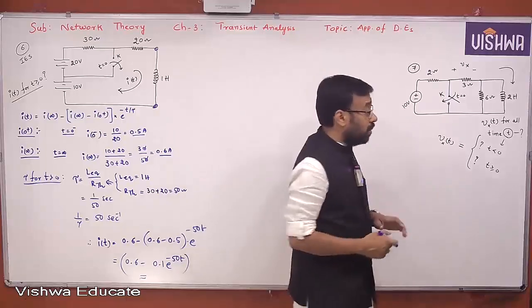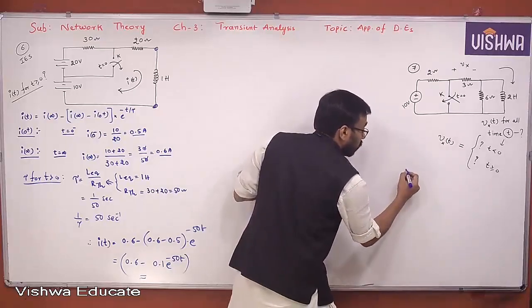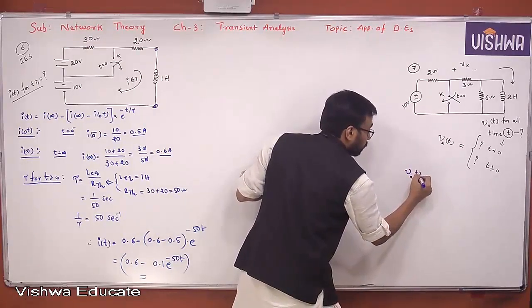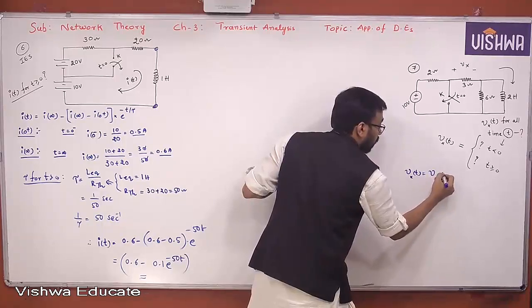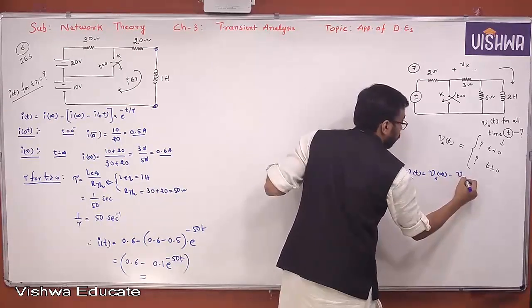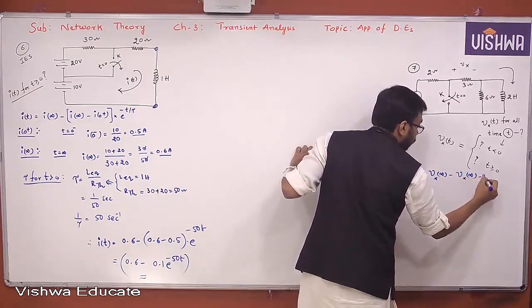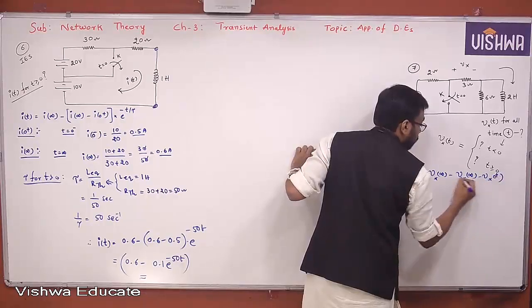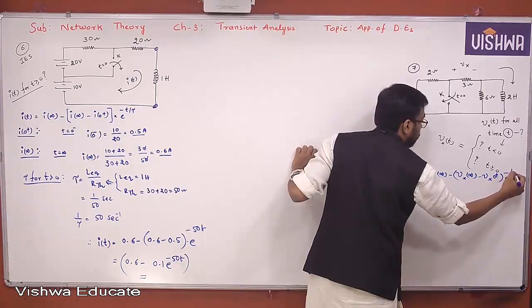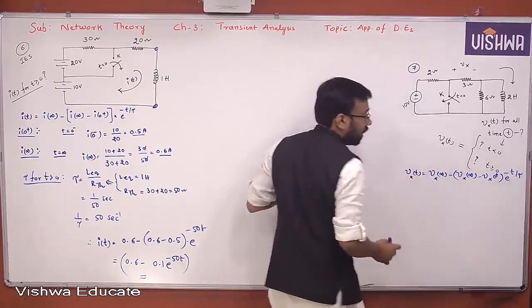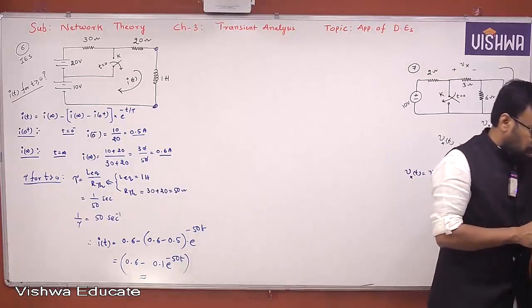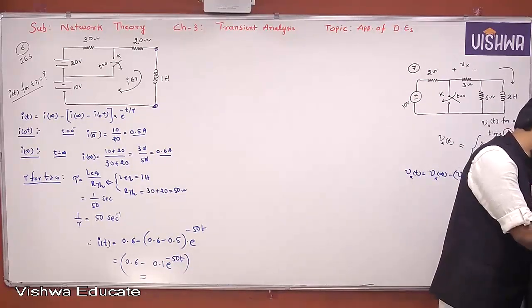So therefore, you can comfortably go with the formula. What is that formula? Vx of t equals Vx of infinity minus (Vx of infinity minus Vx of 0 plus) into e power minus t by tau. So let's try to calculate one after the other.